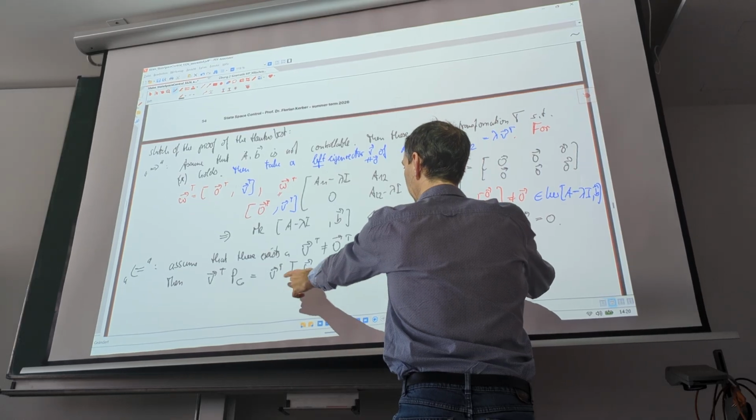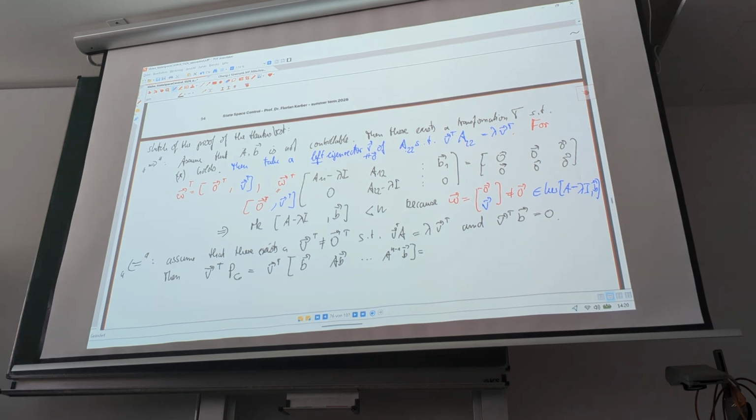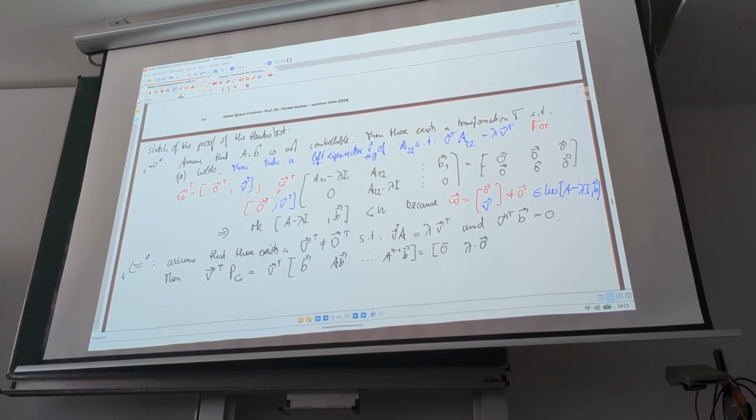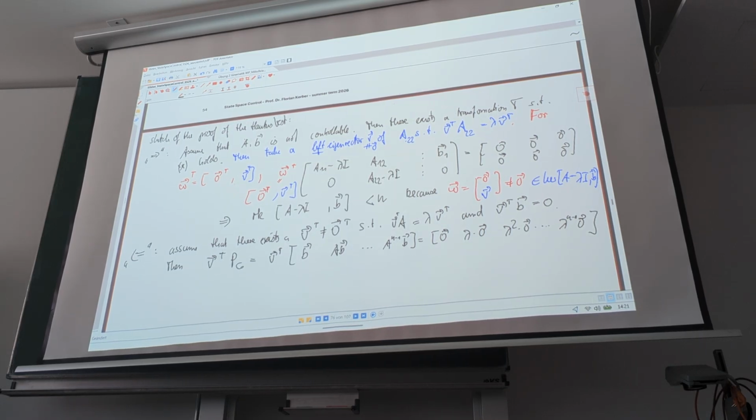V transpose times some power of A gives me lambda V. So I get 0 everywhere, because this would be lambda times 0, then lambda squared times 0, until lambda to the n minus 1 times 0. So everything is 0, and thus the rank of this controllability matrix is not full. Thus rank P_C is smaller than n, because again I found a vector in the kernel of this, and I cannot have full rank.